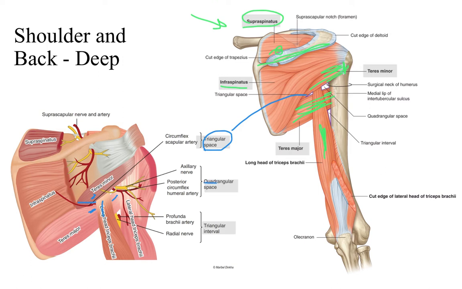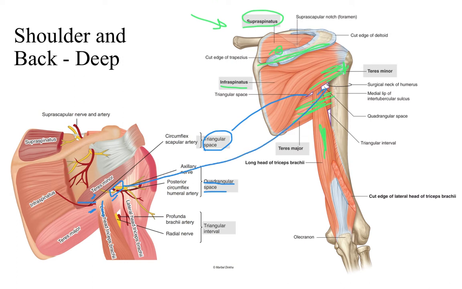The next space is the quadrangular space. So easy to look for because you expect to look for something that is a quadrangle or has four sides to it. So right here is the quadrangular space. Not to scale, obviously, because I'm using a crappy stylus. But you can also see the quadrangular space up here.